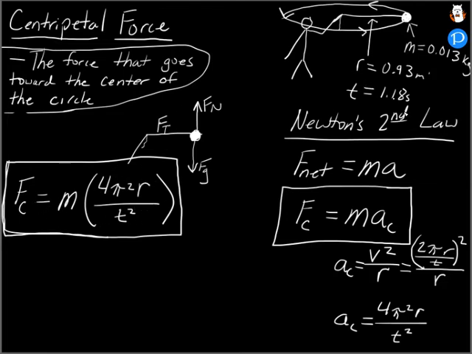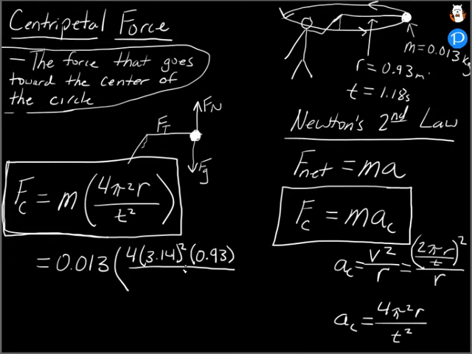So let's plug in the numbers and see what we get. Mass is 0.013 times 4 times 3.14 squared times the radius, which is 0.93, all over t squared, which is 1.18 squared.